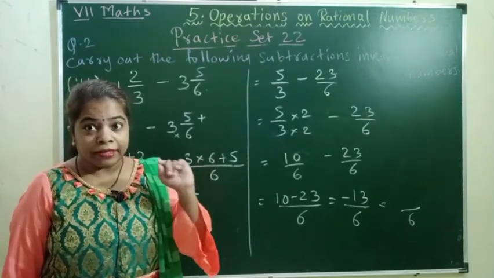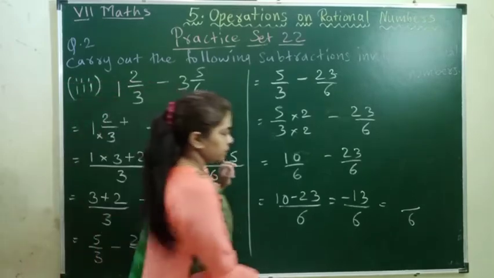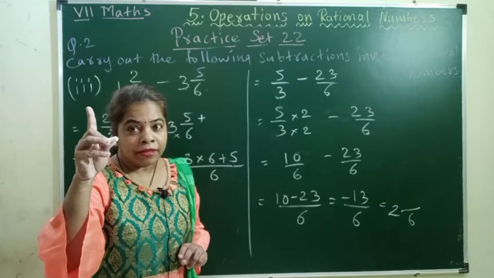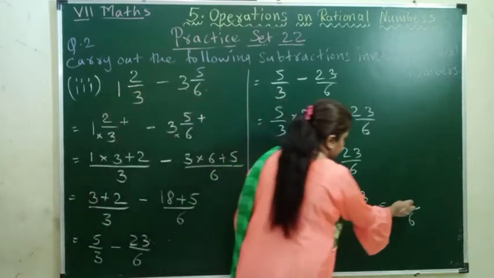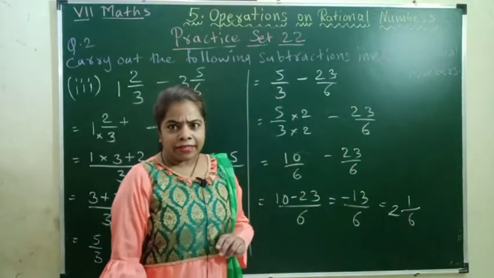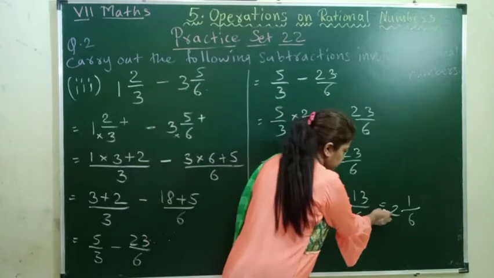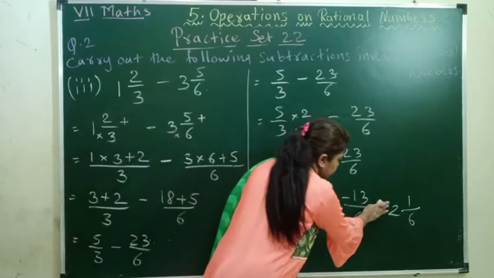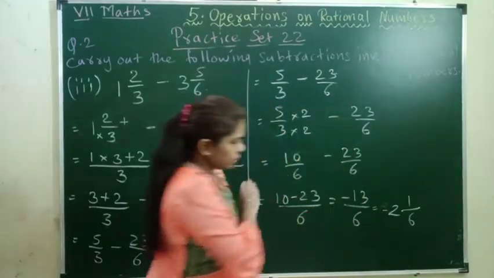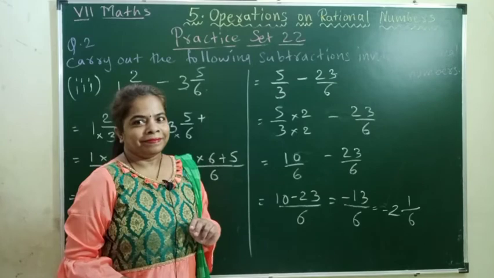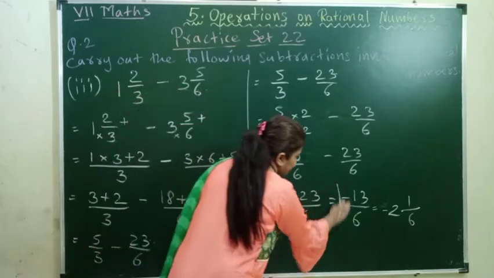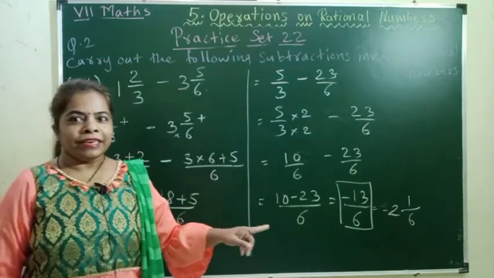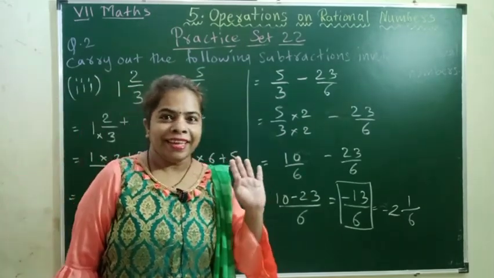This number is 13. 6 twos are 12 plus 1 is 13. And it's having a minus sign. Keep a minus sign before the fraction. And we are done. So this is your answer. You can also convert it into mixed fraction there.